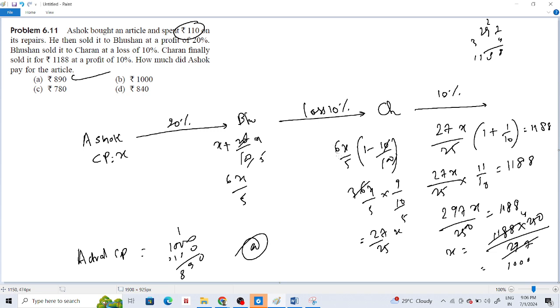Niladri, Shitama, did you understand? Please tell me. Yes, sir. Yes.